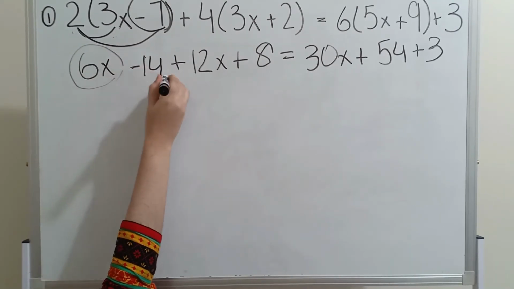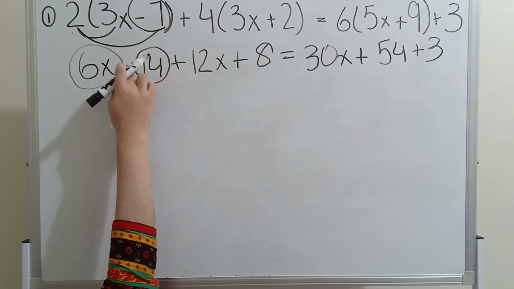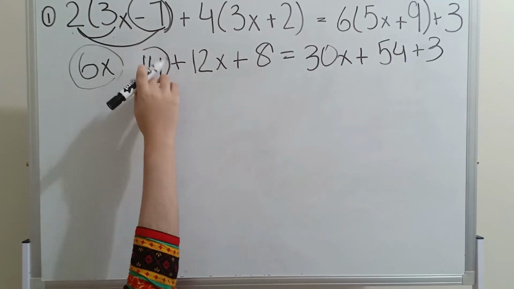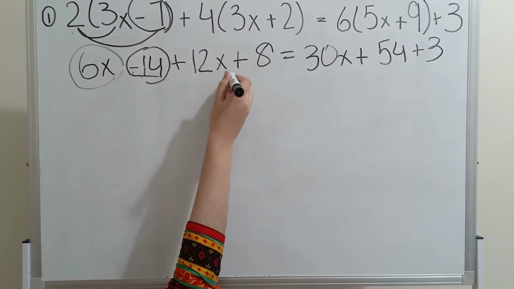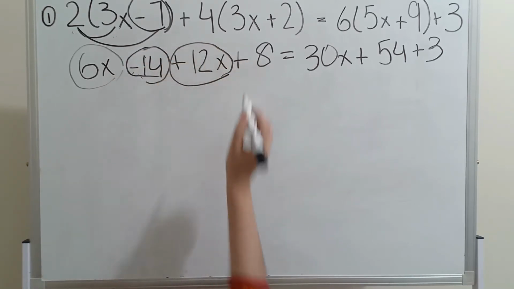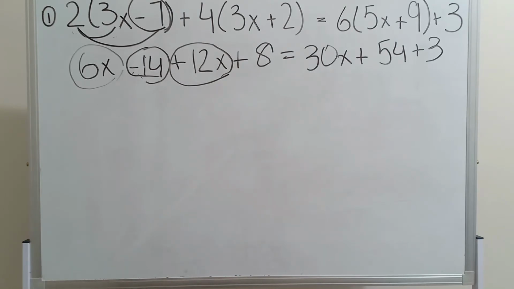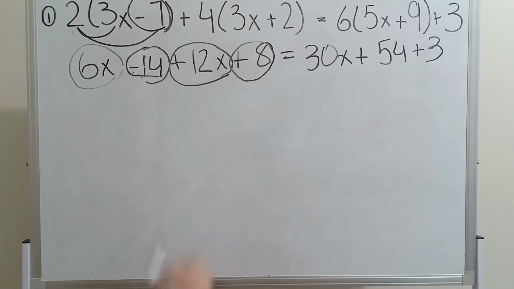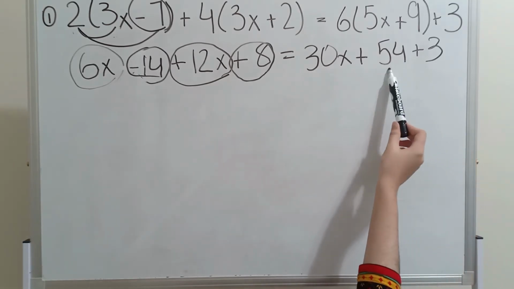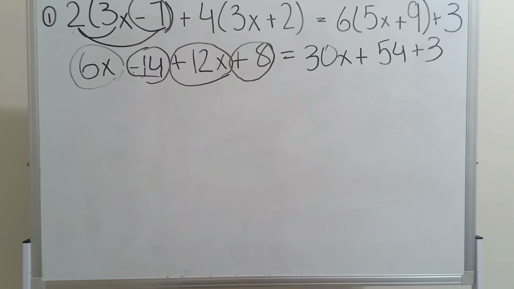So the sign for 14 is negative. The sign here is positive 12x. And the sign here is plus 8. We can do the same here, but we don't really need to because the like terms are right next to each other, 54 and 3. So let's first complete this one.